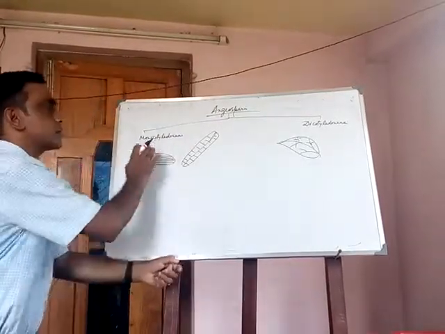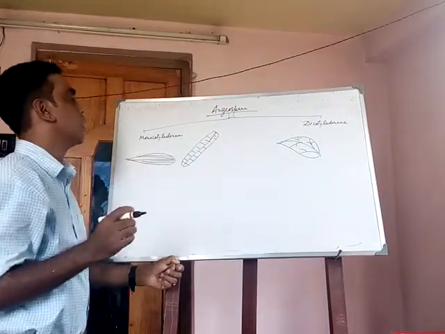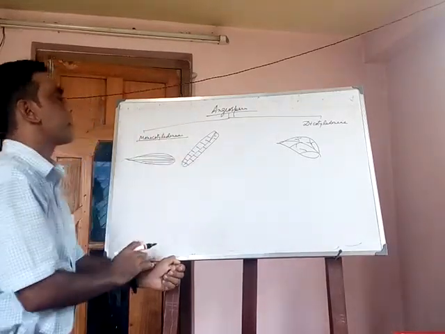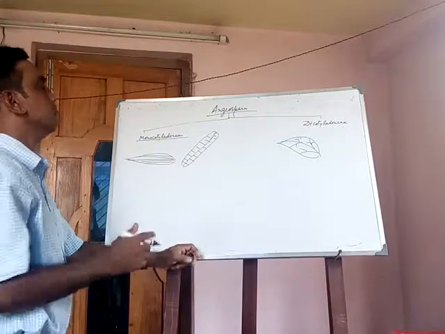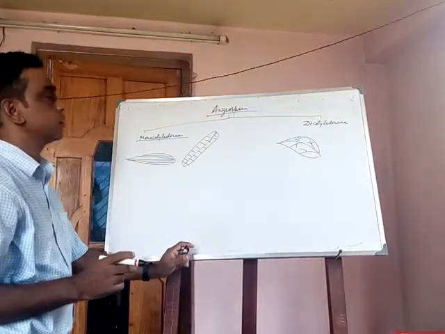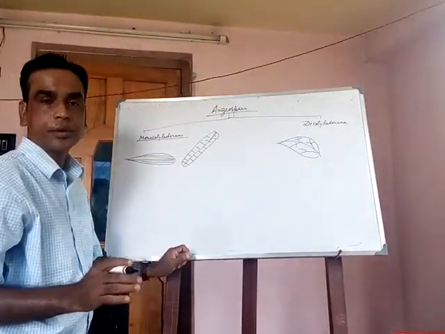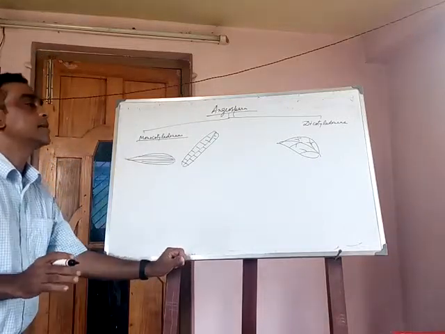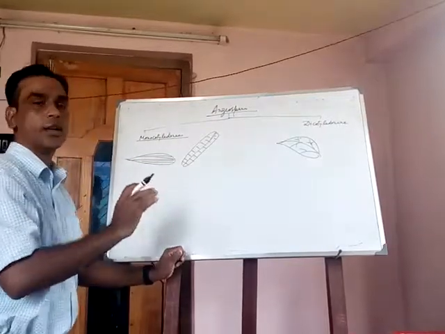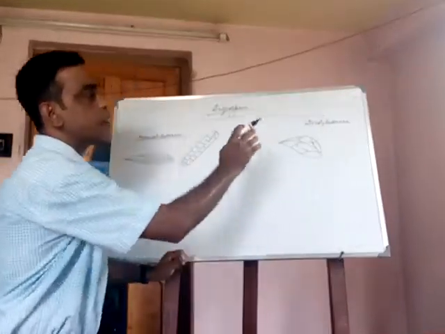An exception case is orchid, where a single cotyledon is found, but here it is endospermic, whereas it is usually non-endospermic.